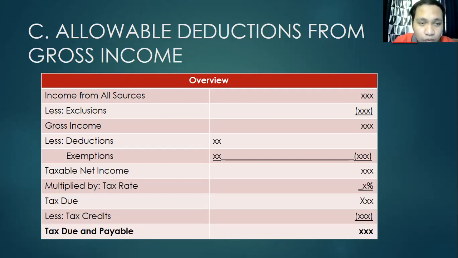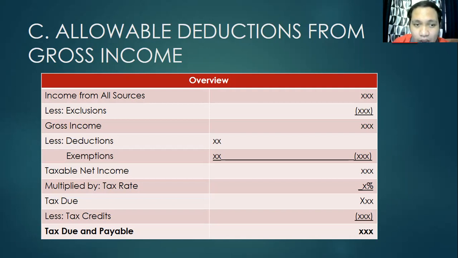So, now, after deducting the exclusions, we arrive at the gross income. Now, from gross income, per our definition earlier mentioned, i-less natin yung mga allowable deductions from our gross income. And also, we will deduct some of the exemptions given by law. Exemptions and deductions and exclusions, we will distinguish the differences later on.